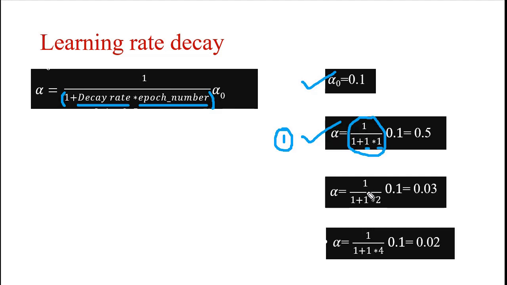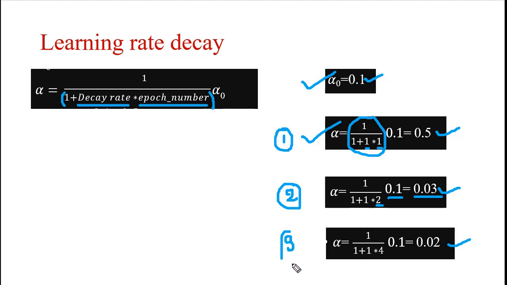In the next epoch we are going to multiply 0.1 with 1 upon 1 plus 1 into 2, since we are dealing with the second epoch. The output is 0.03. So if we observe the outputs, you can see that the learning rate is reduced from 0.1 to 0.05 initially and then 0.03. If we continue this, we will get a further reduced learning rate in the next epoch.